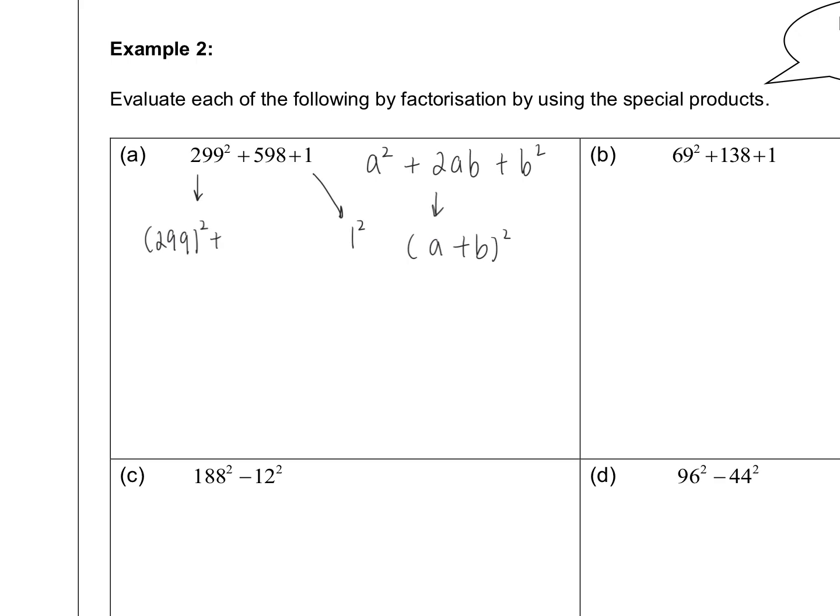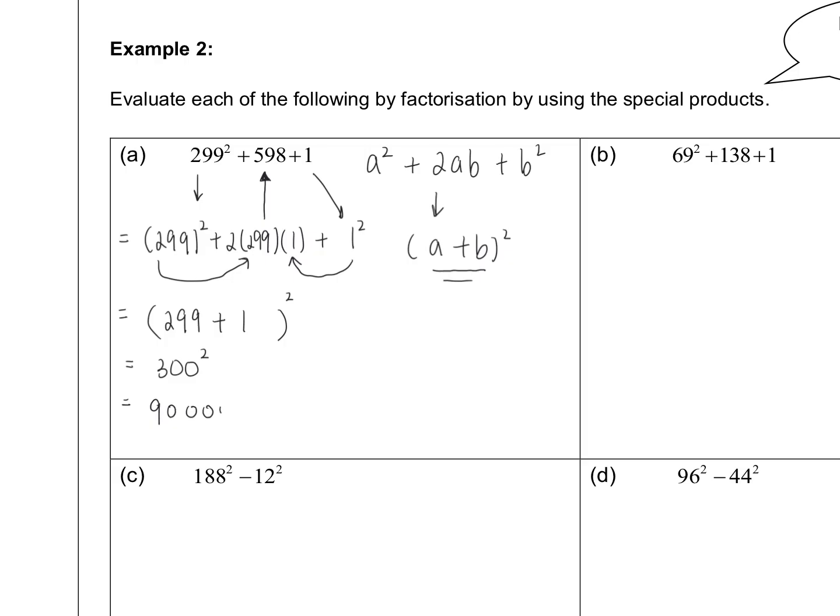So I put in the middle 2ab. Then I press calculator and check: do I get 598? You check: 2 times 298 times 1. Is it 598? 299, sorry. Okay, so if it's all good, you know you can start changing it to this. So it is just a plus b square. So it's as good as asking you to find 300 square. So it's 90,000.